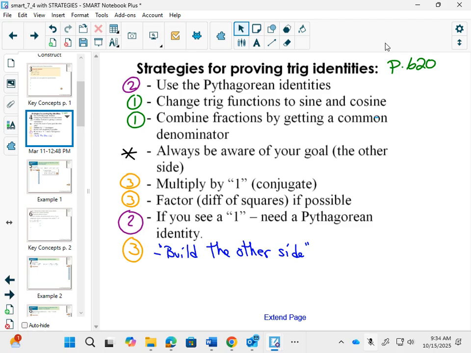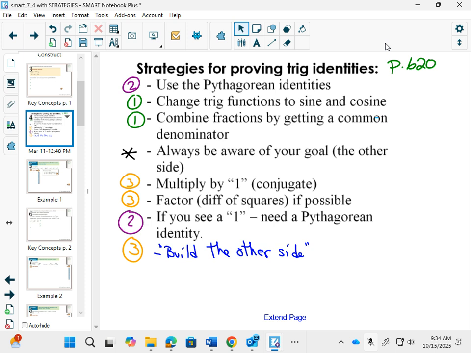I listed these strategies, but now I've kind of sort of combined them into three things. There's your main strategy of changing to sine and cosine and getting a single fraction. Right? If you want an average of 80% or higher in this unit on proofs, you can usually get that by using strategy one only and being really good at it.